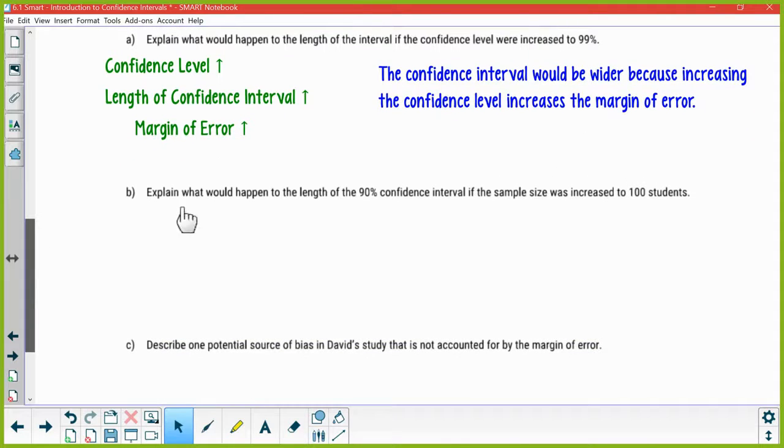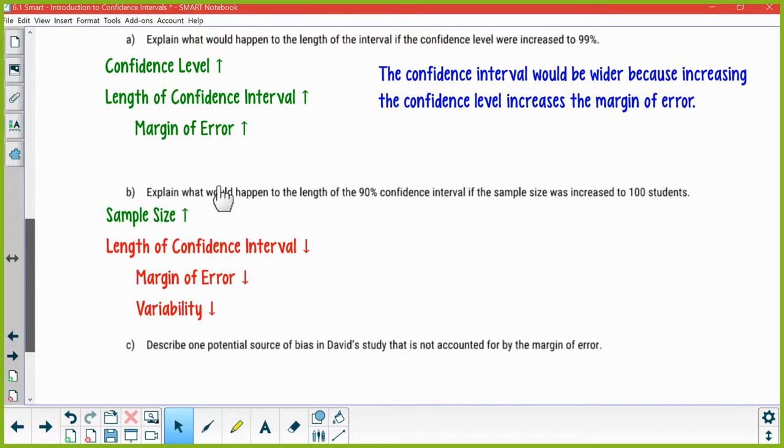And then it says, explain what would happen to the length of the 90% confidence interval if the sample size was increased to 100 students. So as my sample size increases, the length of my confidence interval is going to decrease. The margin of error decreases because the variability, the standard deviation of the sample, is going to decrease.